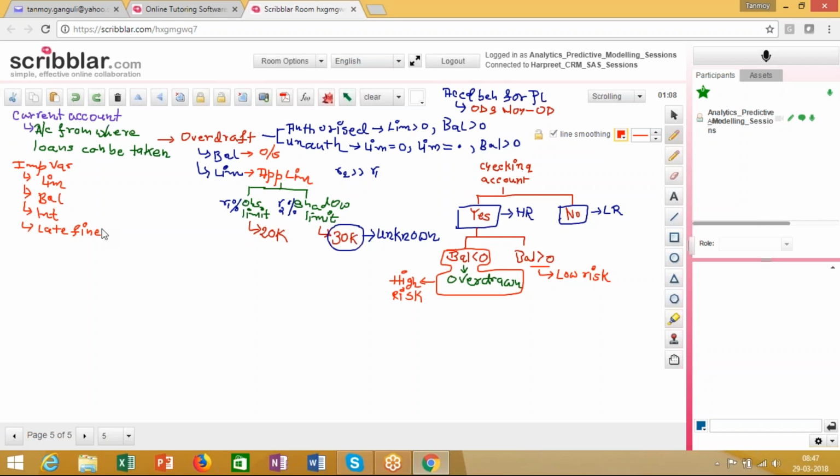So these are some important variables which we need to have for developing a current account model. And while we are trying to develop the current account model, obviously, yes, we need to ensure that these variables should have a proper quality, right?